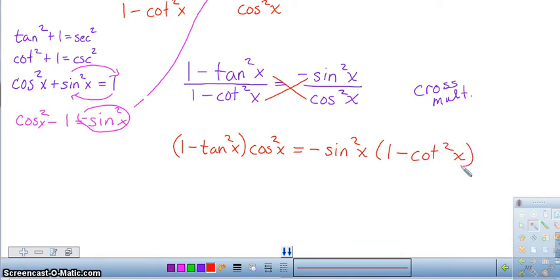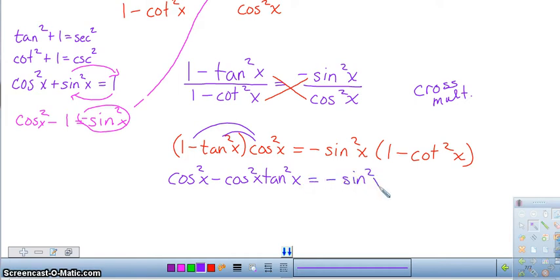Now I've gotten rid of my fractions. Now I have to do algebra. So I'm going to distribute here and here. So cosine squared minus cosine squared tangent squared equals negative sine squared plus, because you have a negative and a negative, sine squared cotangent squared.